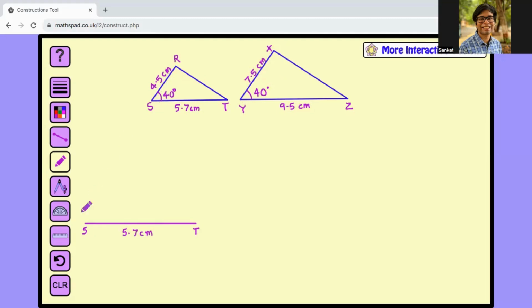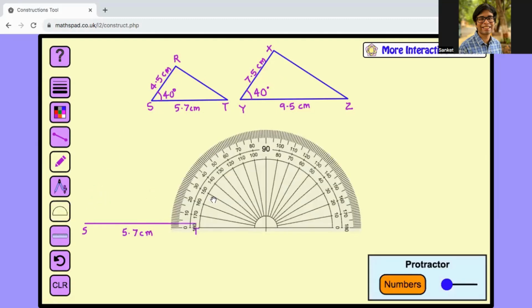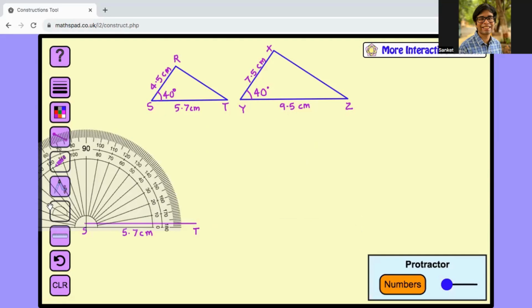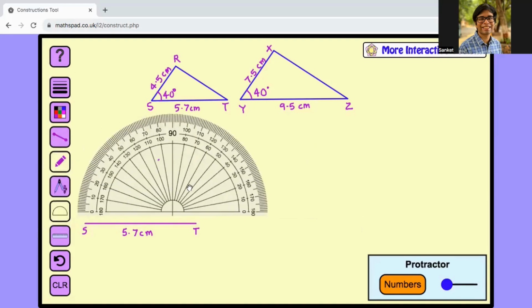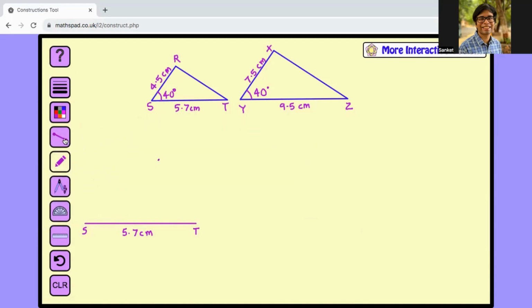Now I need to mark this angle of 40 degrees, for which I need my protractor. I'm going to align my protractor with point S and start counting 40 degrees, 0, 10, 20, 30, and 40. Make a mark here, keep my protractor away. I'm going to join point S and this point and extend the line.